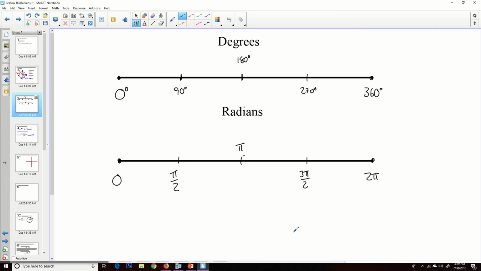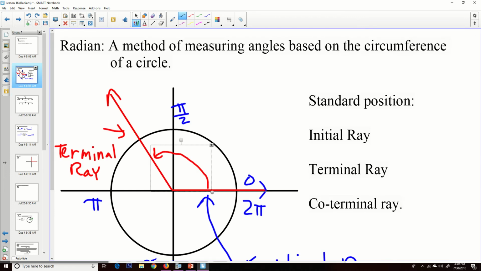We're going to talk about counting in terms of pi in a little bit, but clearly 270 degrees and 3 pi over 2 radians are also equal. As one more instance, going back to that original graph, a semicircle is 180 degrees, and in terms of radians, it would be pi radians.